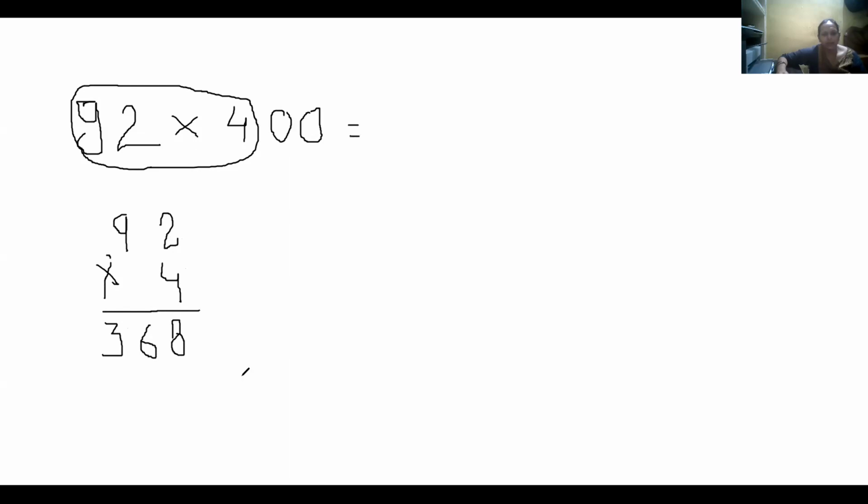So first you write down 368. Now here you have 2 zeros, so simply put these 2 zeros. I hope it is clear to everyone how to multiply numbers in case they are not directly 10, 100 or 1000. And now I hope you will be able to solve them independently.